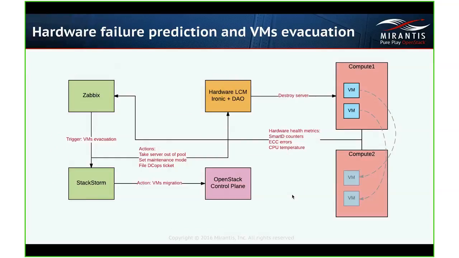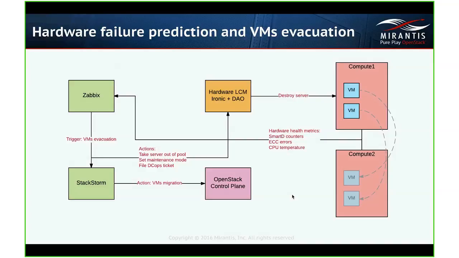The last but not least is that we can actually predict hardware failure and evacuate VMs before it's too late. This slide tells you our idea of how to do it. We have a few hardware checks in Zabbix, like the check for the ECC counter, CPU temperature, some disk health checks, and networking.